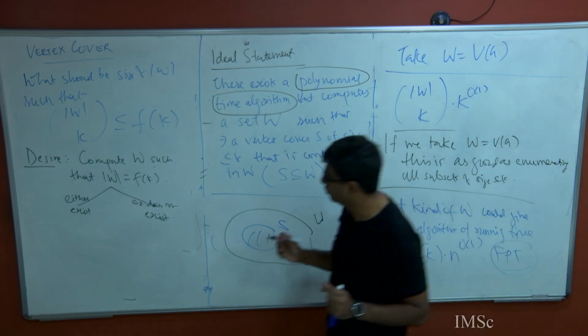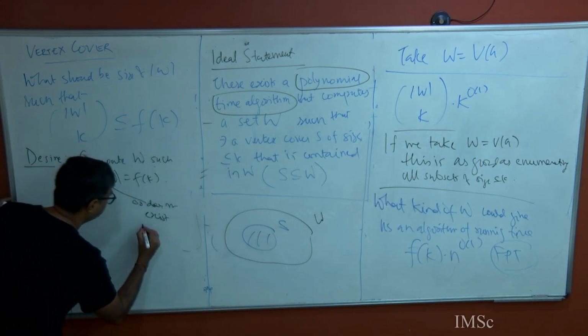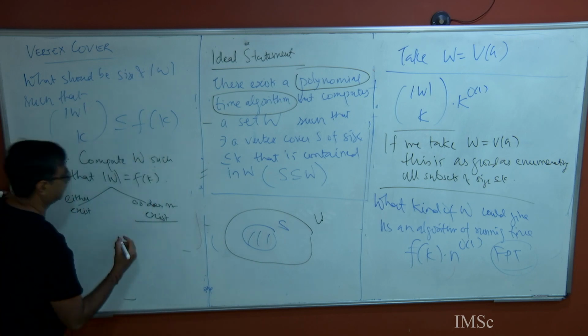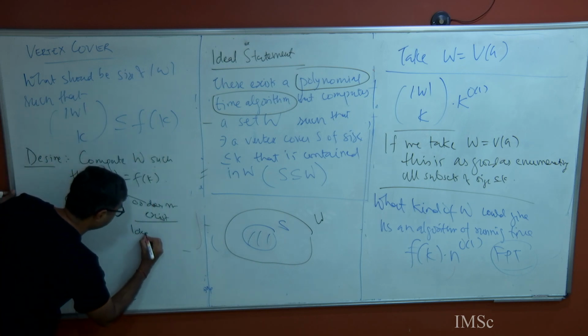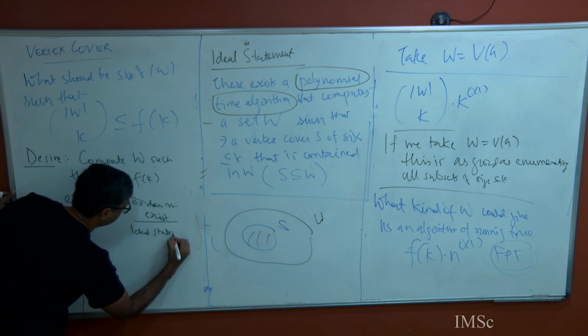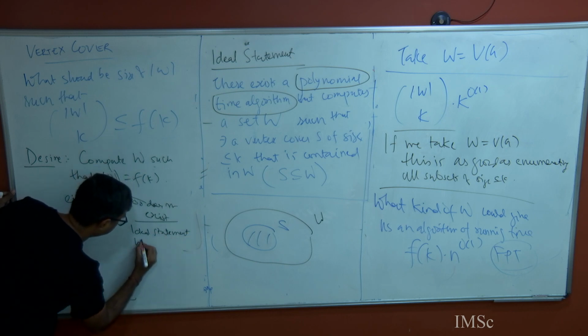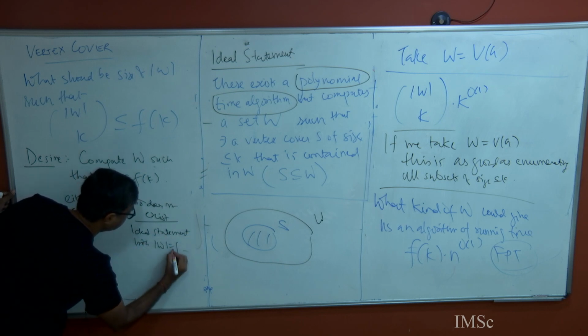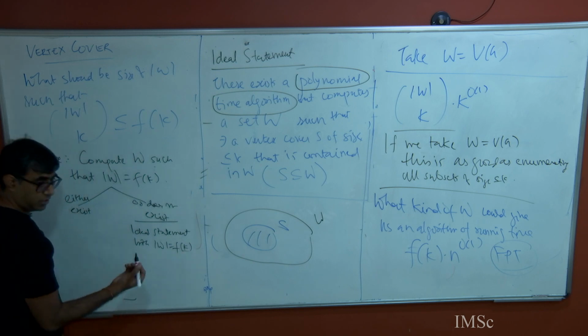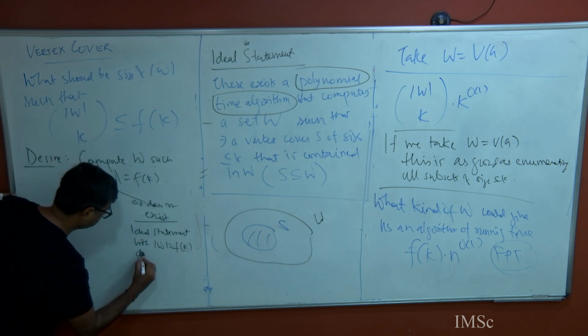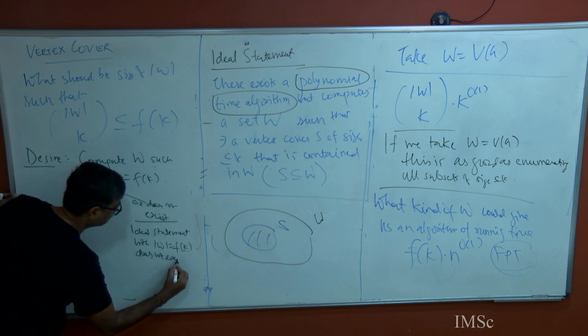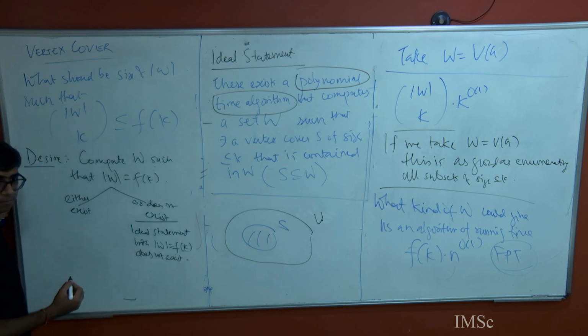So, what I am saying to you is what you mean by "does not exist". The ideal statement with cardinality of W being equal to f of k does not exist. This is what I mean. Okay.